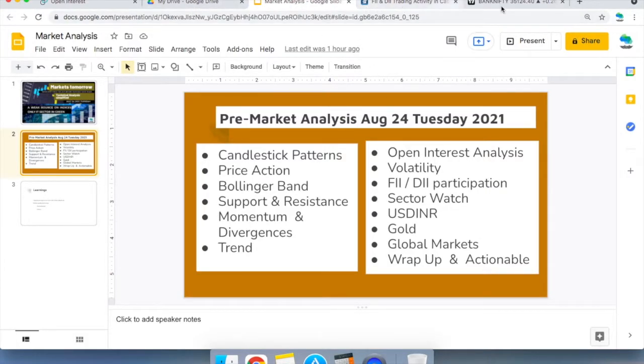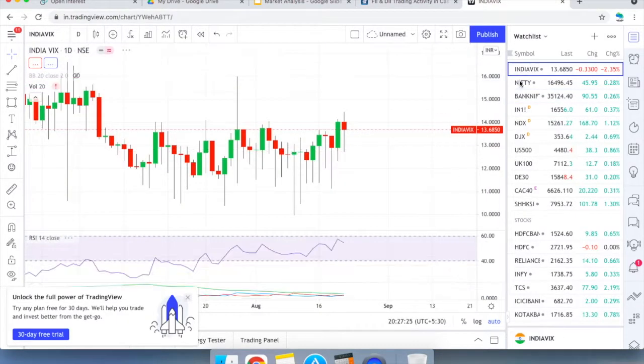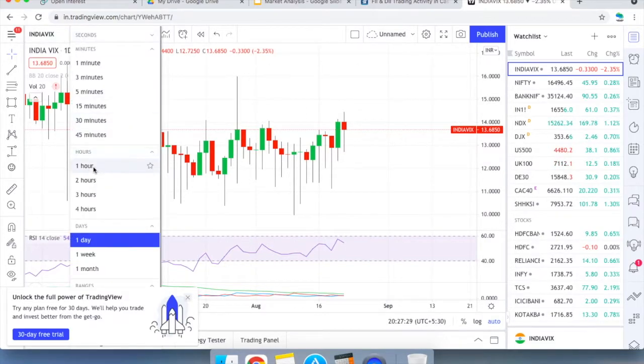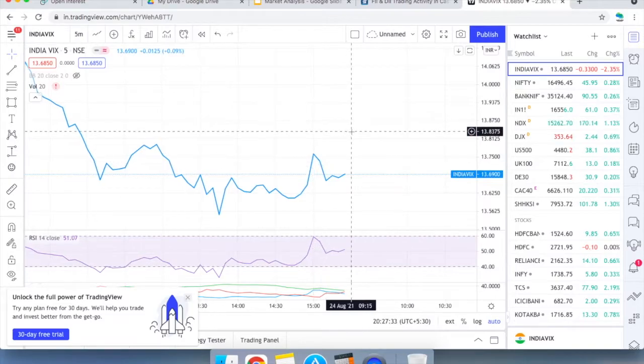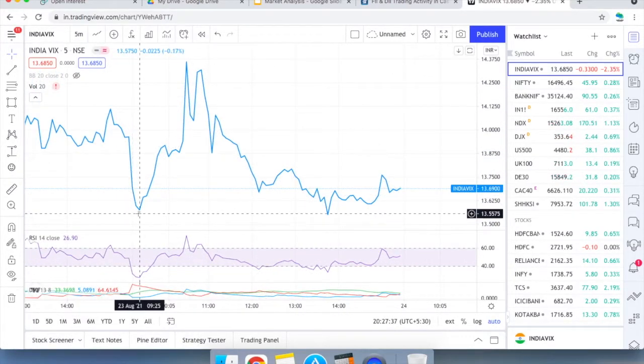Now what happened to the VIX today is that it slightly dipped after hitting 14. You can see that it has settled at 13.6. So the intraday movement of the VIX, if you see, this is what happened in the morning when the market moved up. This is interesting.